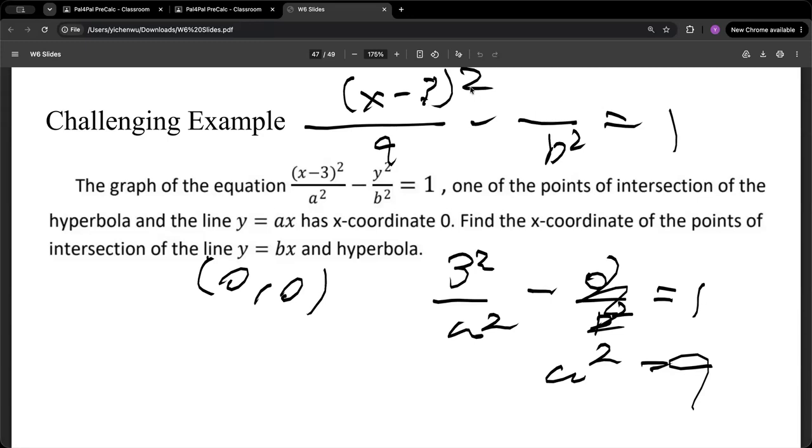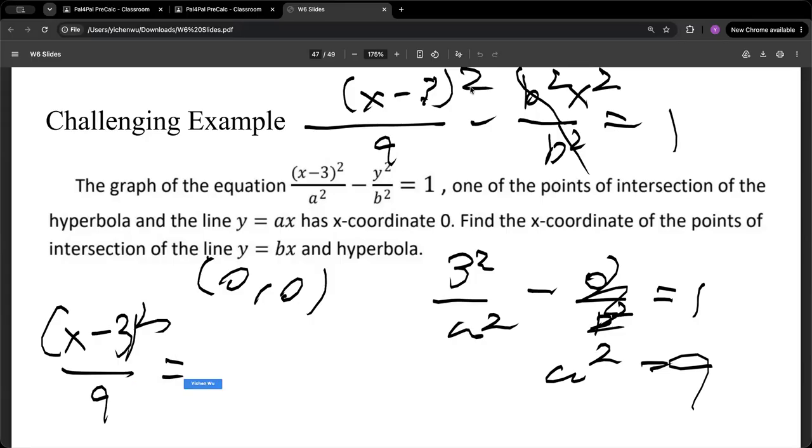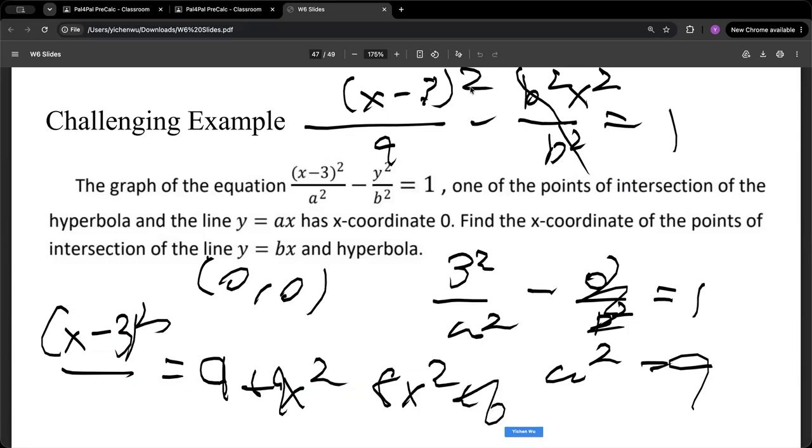So y squared is b squared x squared, and the b squared cancels out. Then you get (x minus 3) squared over 9 is 1 plus x squared. Multiply by 9: 9 plus 9x squared. After simplifying, you get 8x squared plus 6x equals 0, which gives x equals 0 and negative 3/4, I believe.